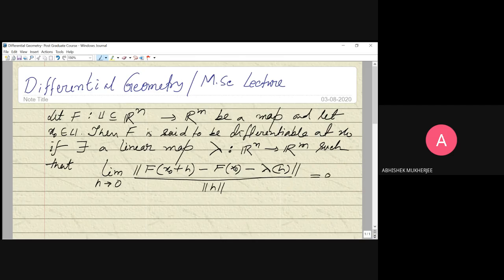So a map is said to be differentiable at x naught if there exists a linear map lambda such that the limit as h tends to 0 of the norm of f x naught plus h minus f x naught minus lambda h by norm h equals 0.